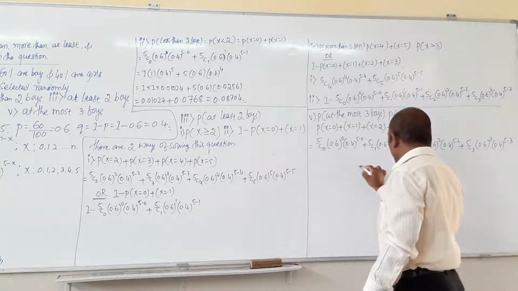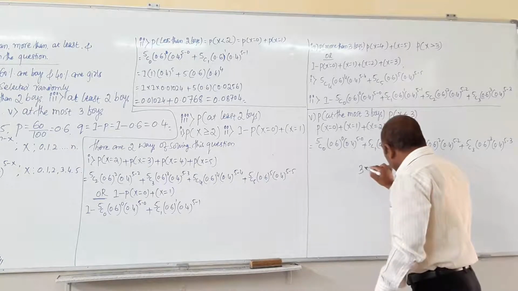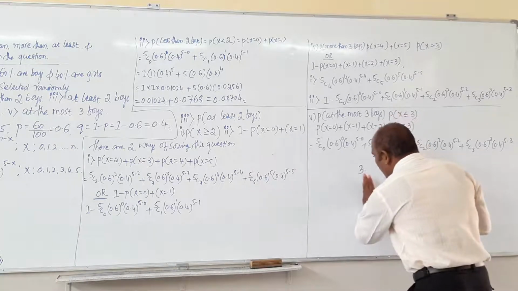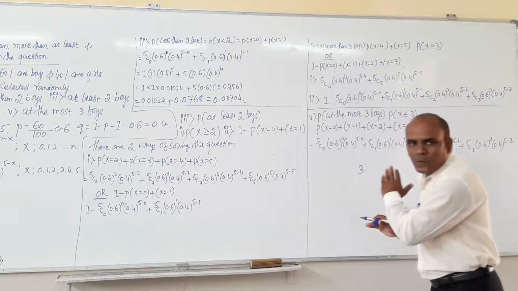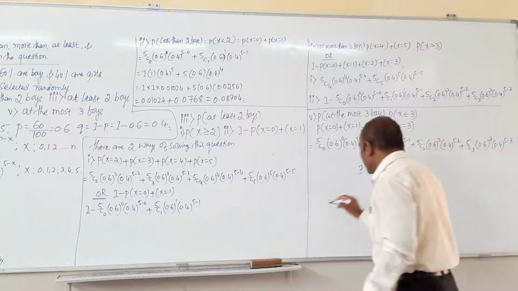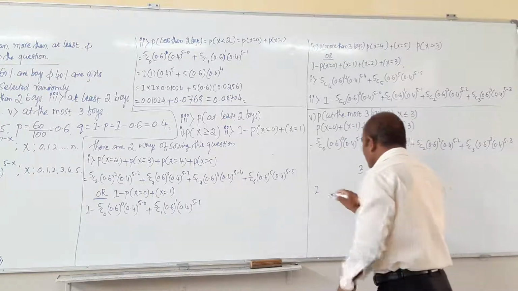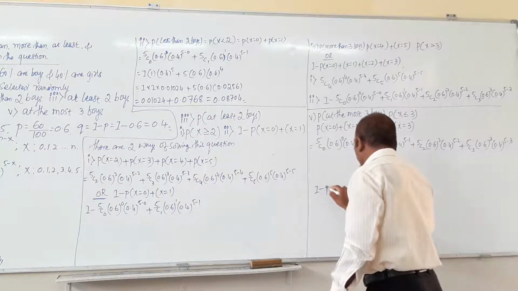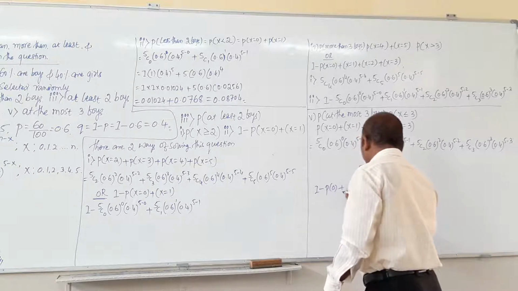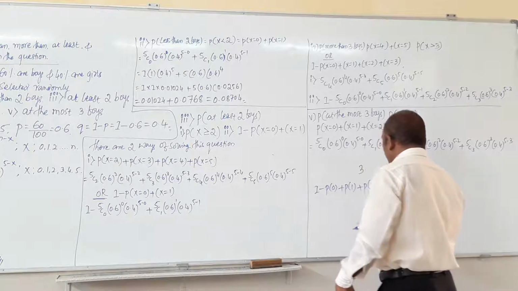at least 3 boys, then whatever numbers come below 3 will be 1 minus. For example, suppose they ask at least 3 boys, then the 1 minus concept is applied: P of 0 plus P of 1 plus P of 2.